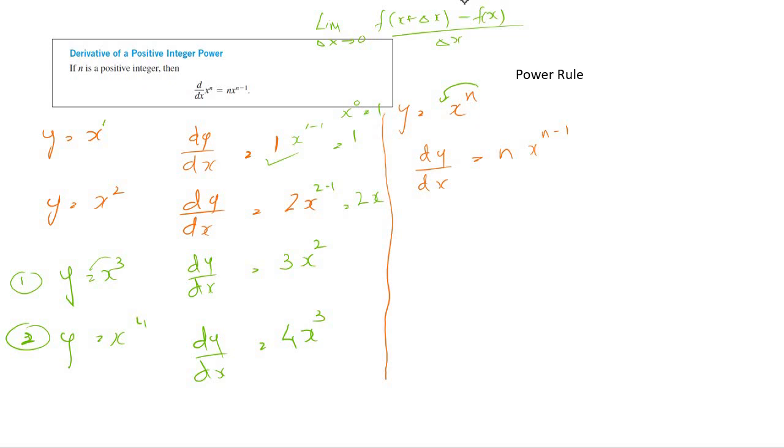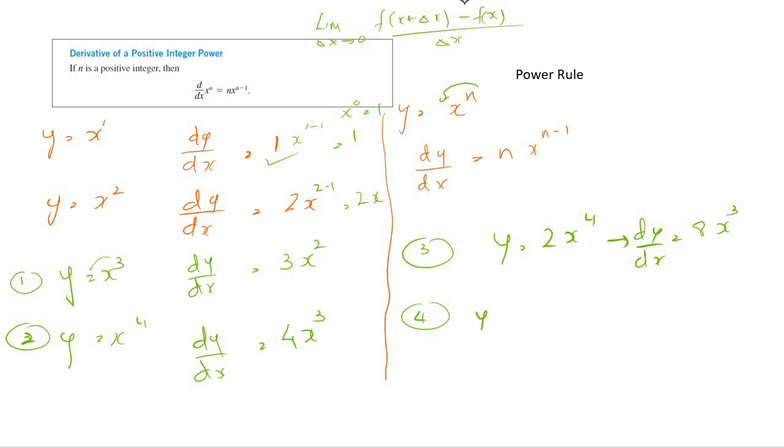Let me do another example. Example number 3: y equals 2x to the power 4. dy over dx is equal to, now you multiply this by this, 8x to the power 3.